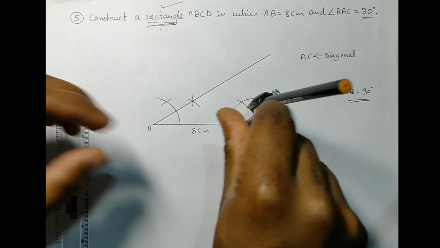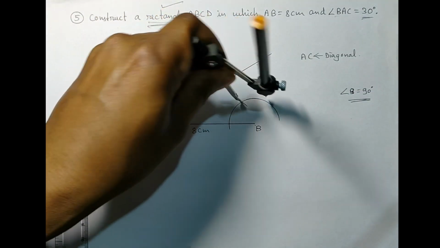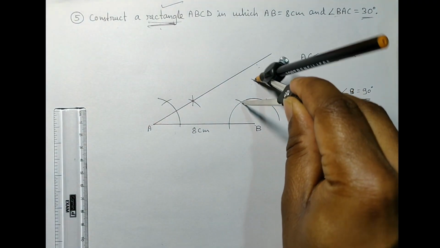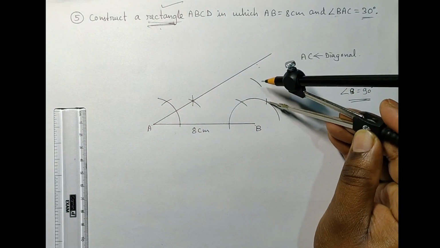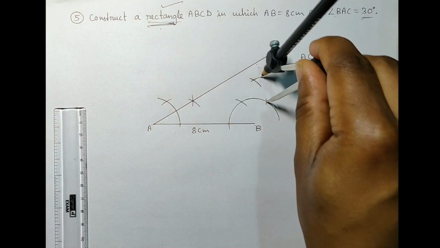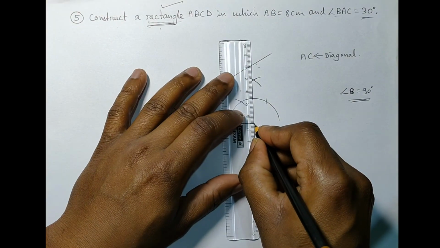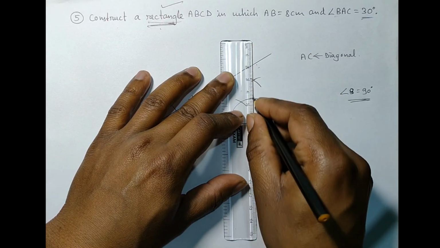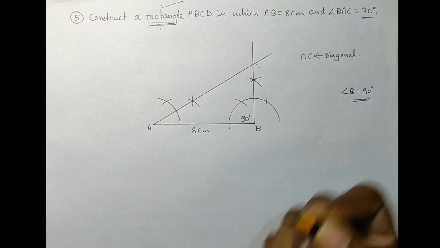Now this is 60. Let's cut another arc to get 120. Now let's bisect 60 and 120 degrees. So here, using the point B and the 90 degree point, let's join the line, and this is 90 degrees.